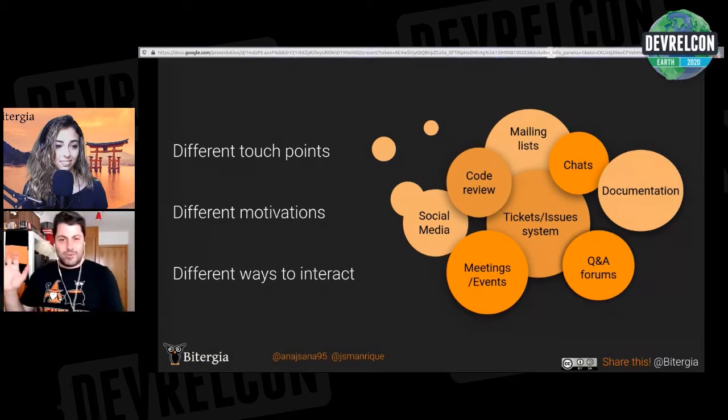It could be GitLab, it could be Mattermost, but it could also be mailing lists, or Stack Overflow. And when you talk with DevRel, it's like, yes, but my community is everywhere. How can I track all that information? And the thing is, yes, there are very different touch points, a diversity of tools. Either you focus on some of them or you build something that can support a lot of them. The nice thing about GrimoireLab is it supports around 30 of these platforms, so you can start playing with that.